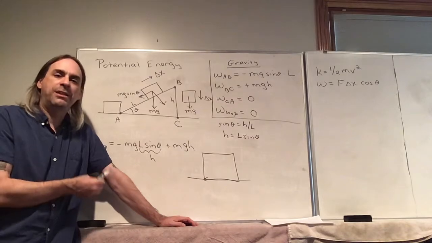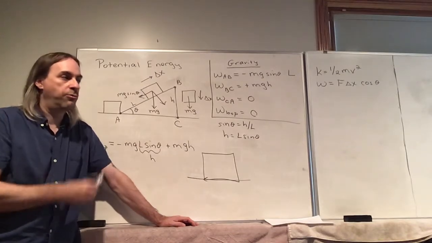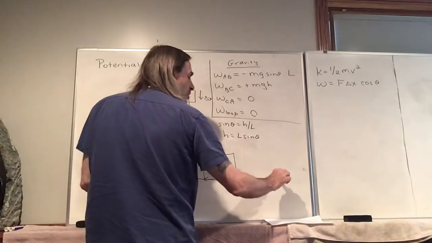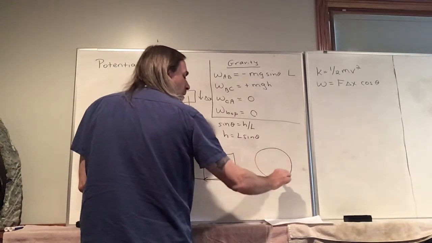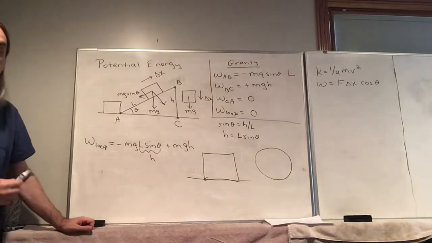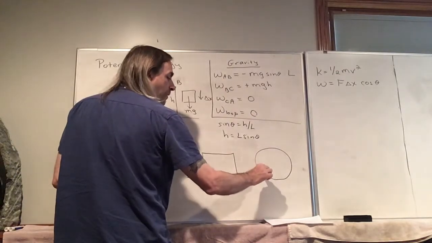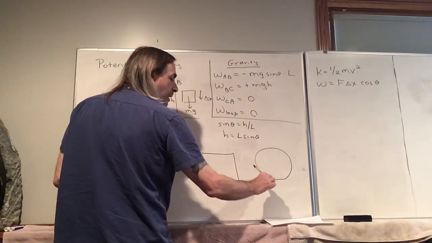And the problem is it's kind of difficult to calculate over every path, so we look at paths where we can actually calculate. But what if we went over a circular path? That would be very difficult to calculate the work done by gravity. Like if you look at some point here, it's moving in this direction and gravity is straight down.